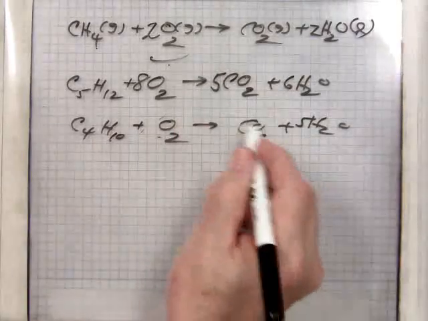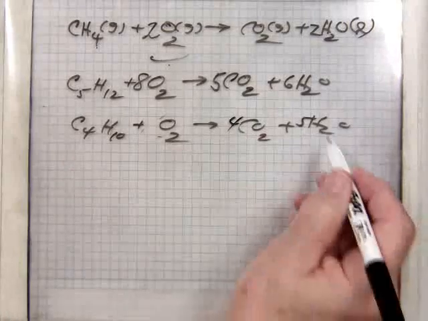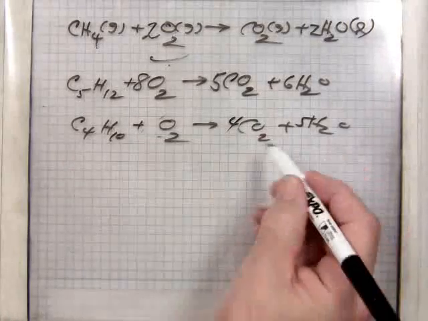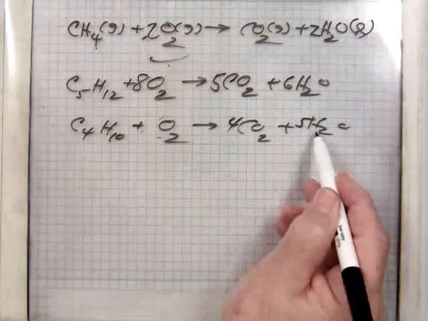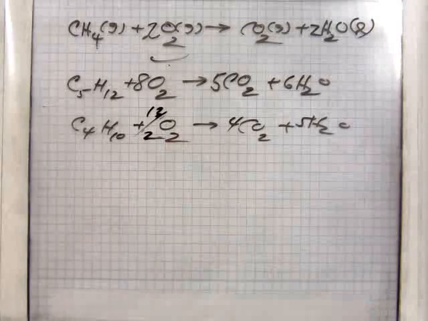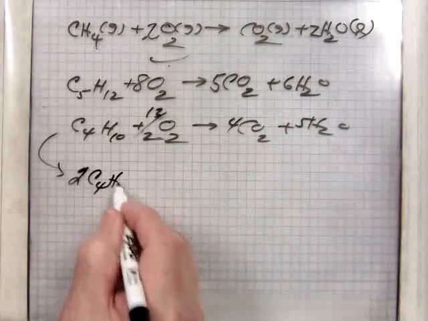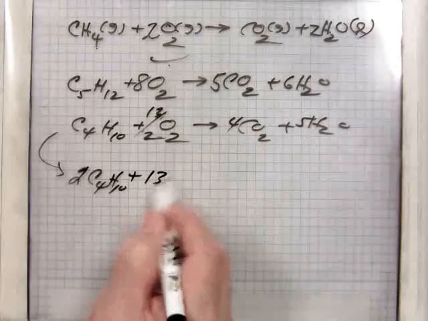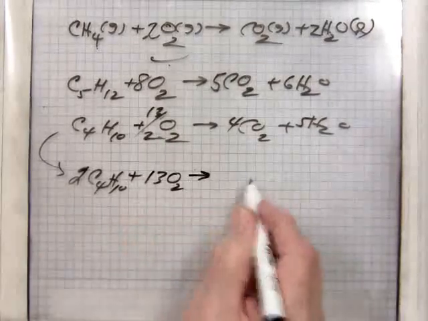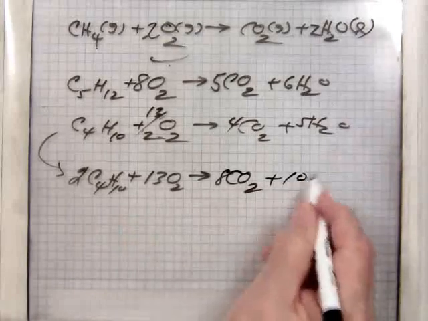So C4, that's 4 carbons, 10 hydrogens, 2 times 5 is 10, 2 times 4 is 8, 9, 10, 11, 12, 13. Here we go. It was correct. So 13 O2. Then this is the same as 2C4H10 plus 13O2 goes to 8 CO2s plus 10 H2Os.